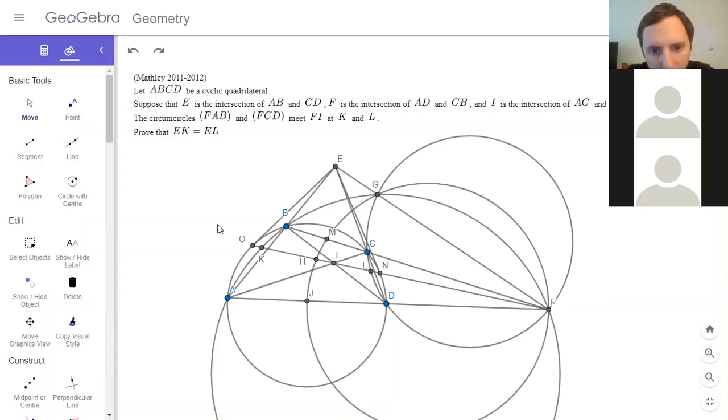Let's see. So we want to show EH is perpendicular. Is it clear that EH and J are collinear?